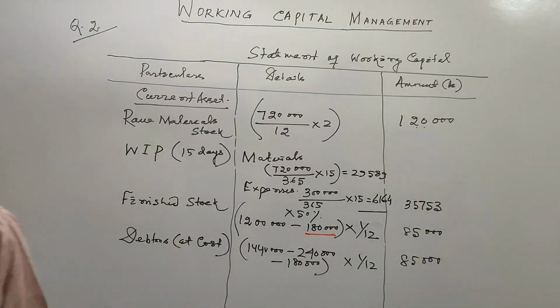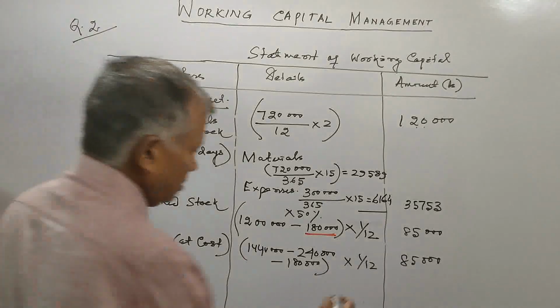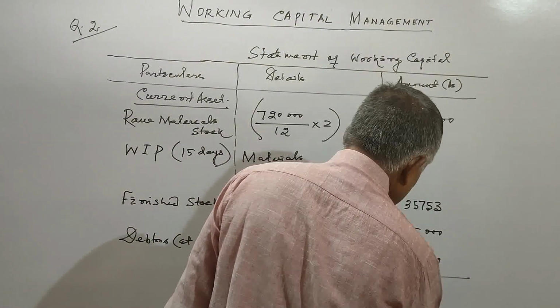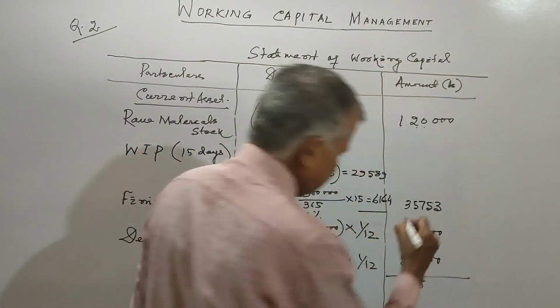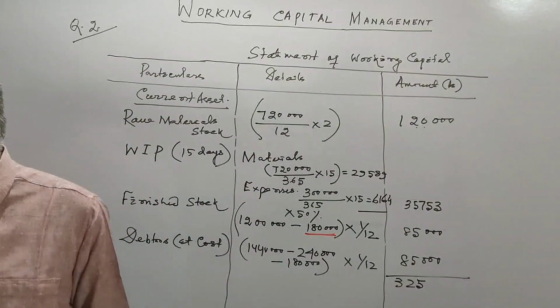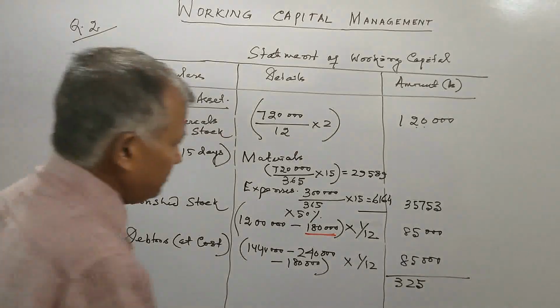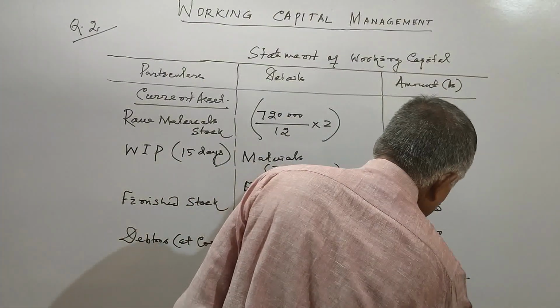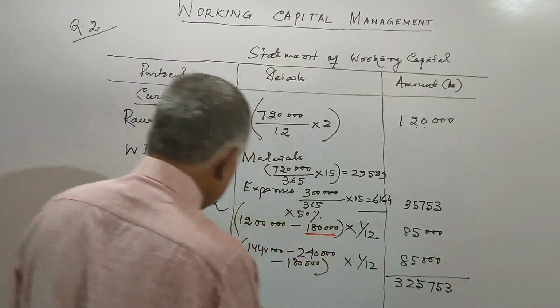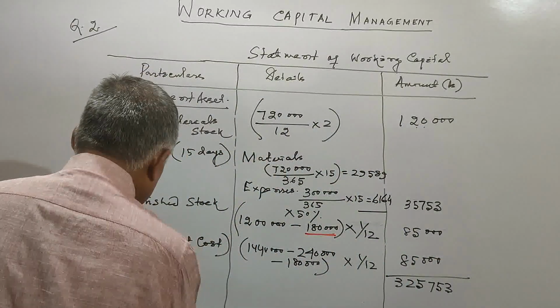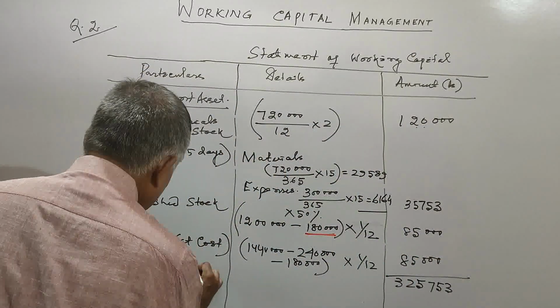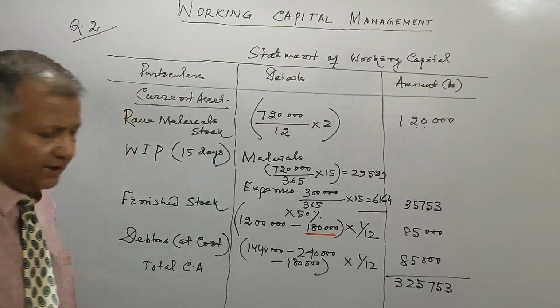So if we make a total here, this is 3,25,753. This is your total current asset. Total current asset.